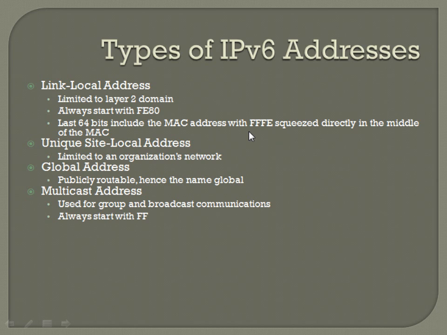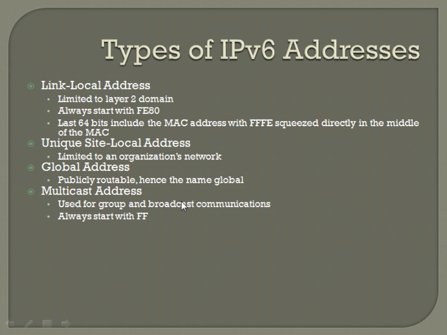On the CCNP exams, they get into a lot more about unique site local addresses and global addresses, the types of blocks those will usually start with, so you would be able to identify based on some IP addresses where they'd be going. And then multicast addresses, they go way more in depth on that, on FF, and then a couple characters that follow that correspond to this type of multicast, and FF and a couple different characters would correspond to this other type of multicast addressing.